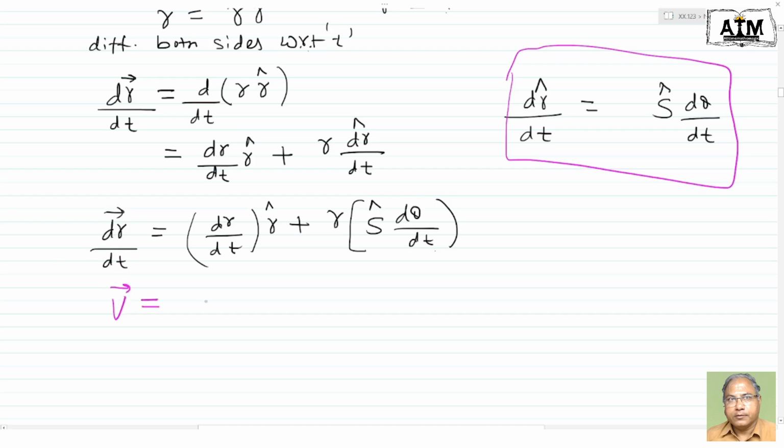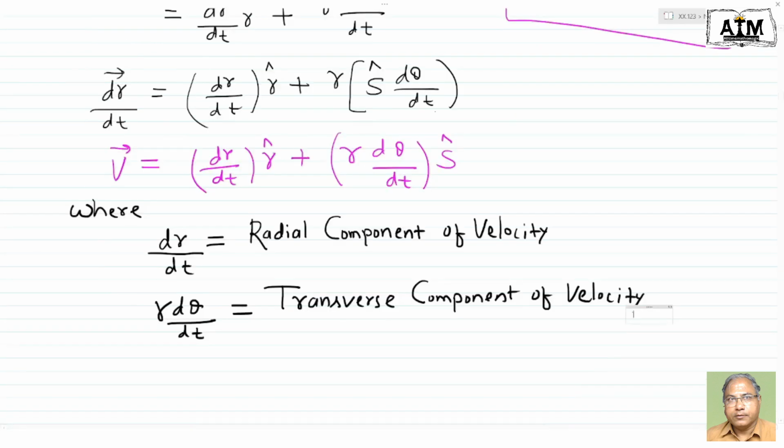So velocity v equals dr by dt multiplied by r cap plus r d theta by dt multiplied by s cap. In this expression, dr by dt is called the radial component of velocity, and r d theta by dt is called the transverse component of velocity.